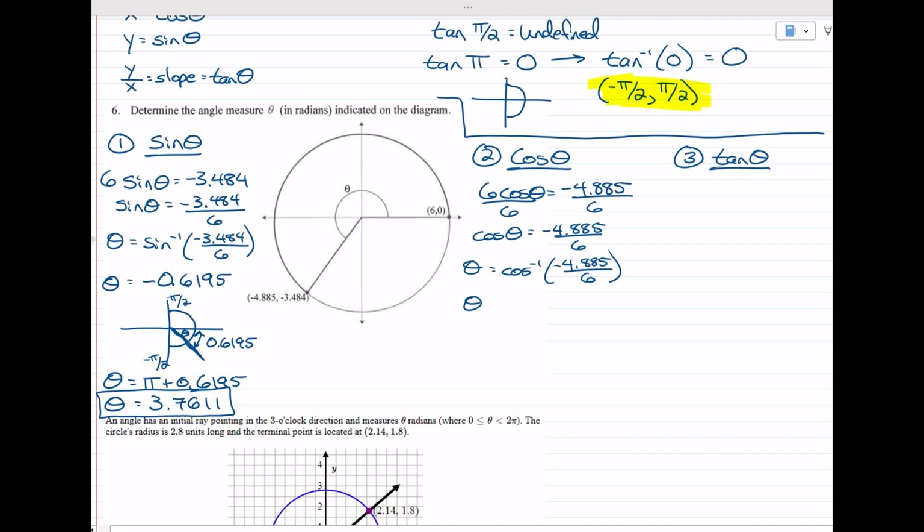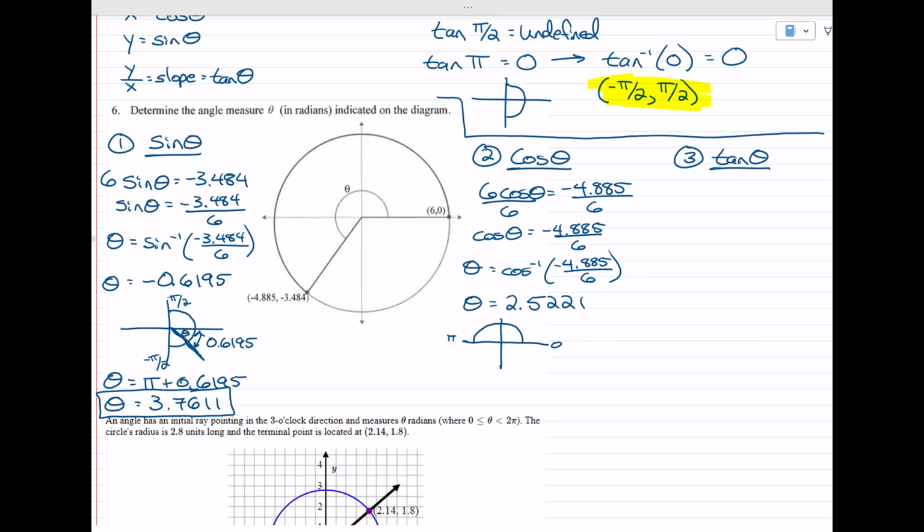Now, if we type this into our calculator, inverse cosine of negative 4.885 divided by 6 comes out to be 2.5221. Inverse cosine is defined from 0 to pi. That's what we said earlier.